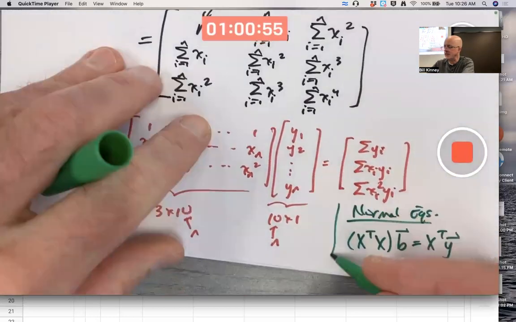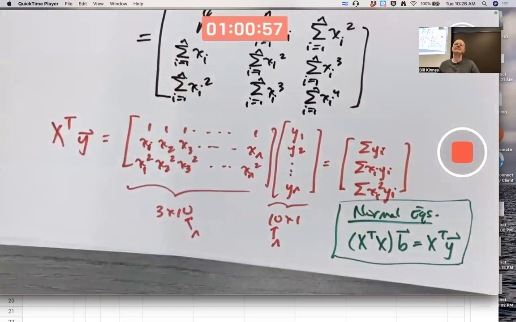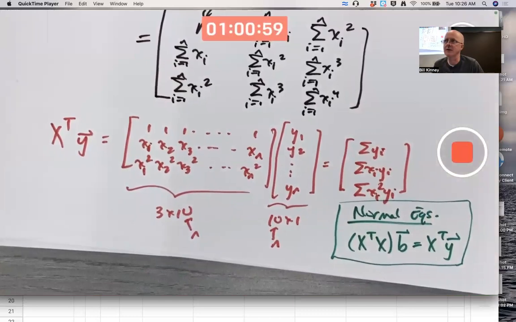And that's much easier to remember. And it applies to any situation where you're doing regression based on a general linear model, as long as you can figure out what the design matrix capital X is.